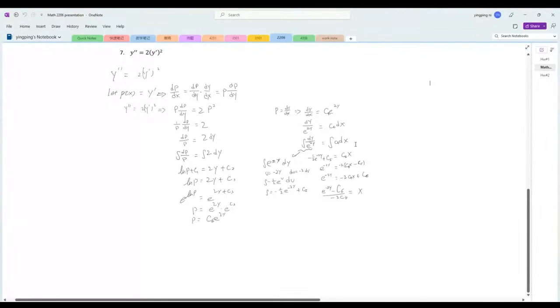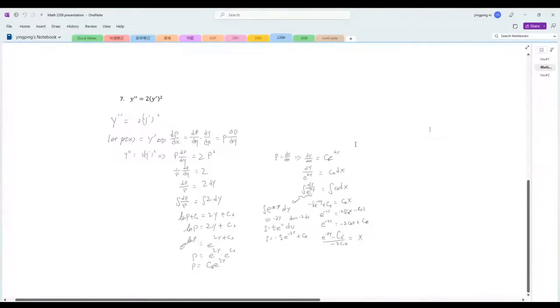Yeah. Okay. My question is 7: y double prime equals y prime squared, and we're missing x.